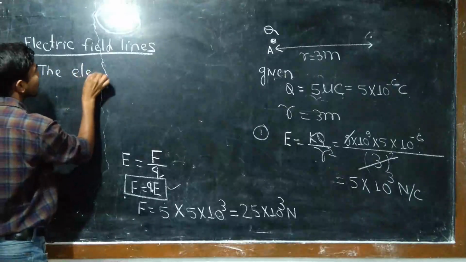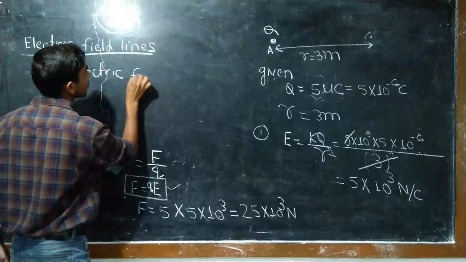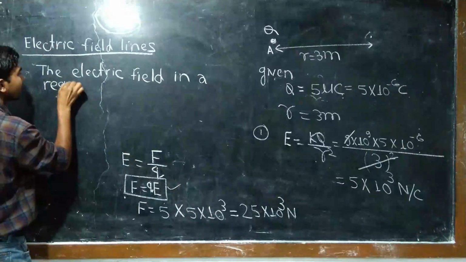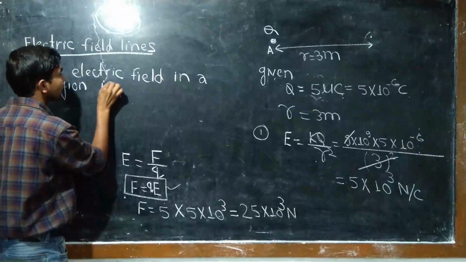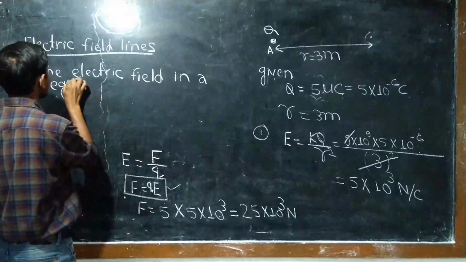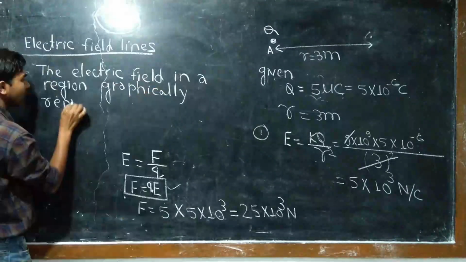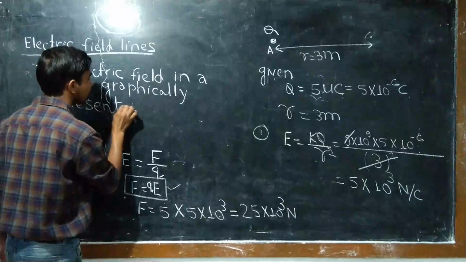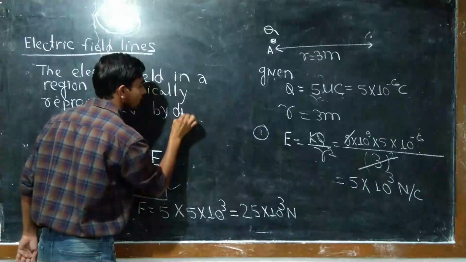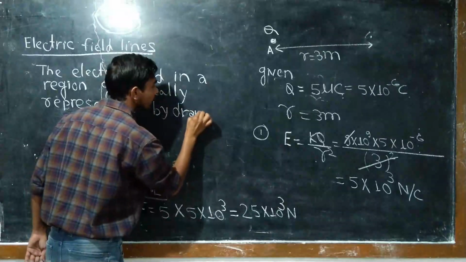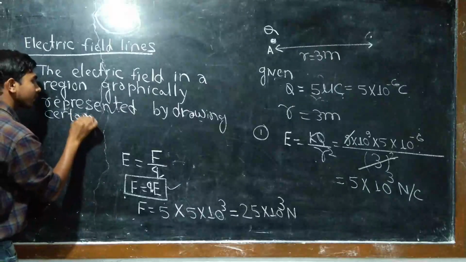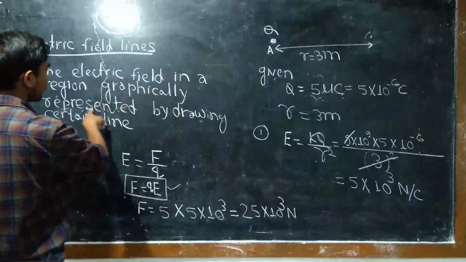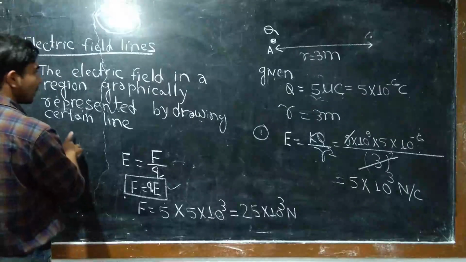So, the electric field in a region is graphically represented by drawing certain lines.